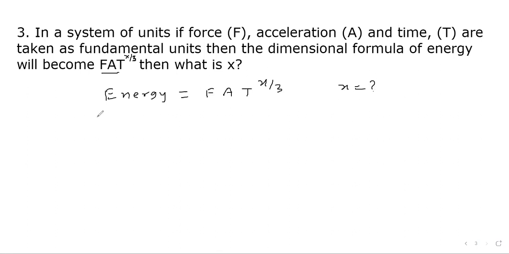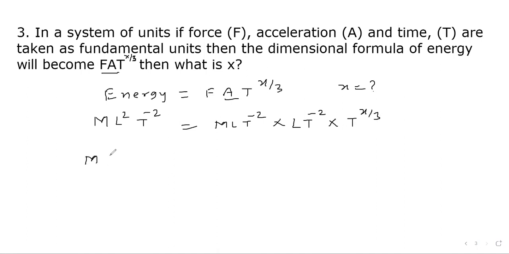Energy has dimension force into displacement, which is work. So M L^2 T^-2 equal to force M L T^-2, and here A is acceleration, so that is L T^-2 into time power x by 3.